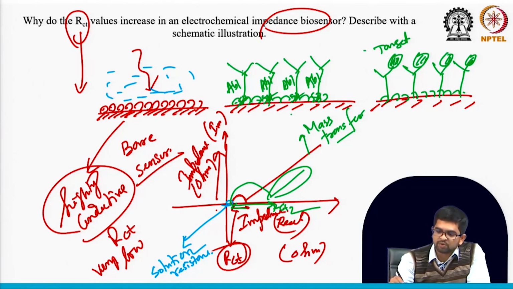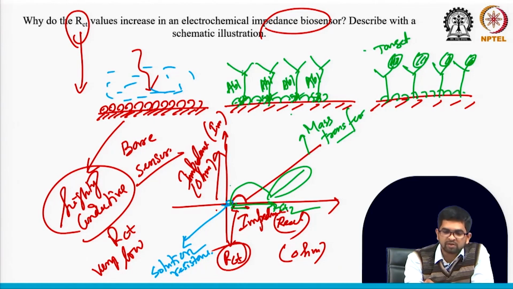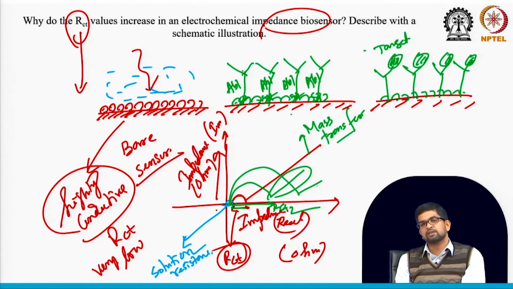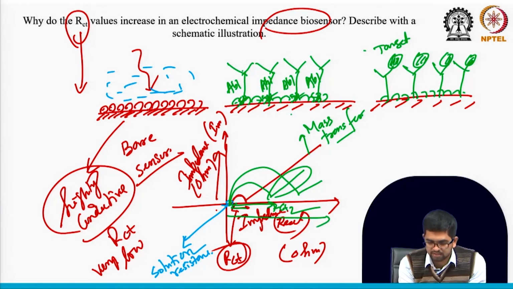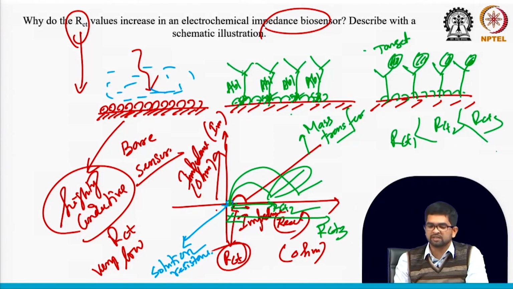As they are proteins, the electron transfer rate will again decrease and the impedance value will again increase, right? That is why, when you are developing this kind of immunosensor, your RCT value will increase slowly. So again, RCT3 will be higher. So RCT1, RCT2 and RCT3, see, the trend will be like this.